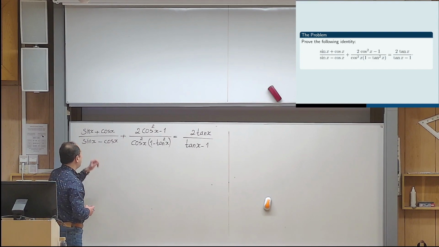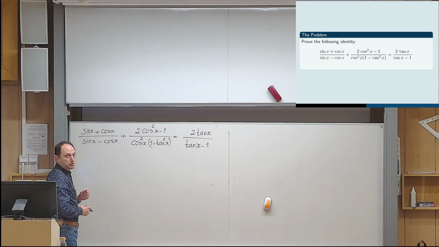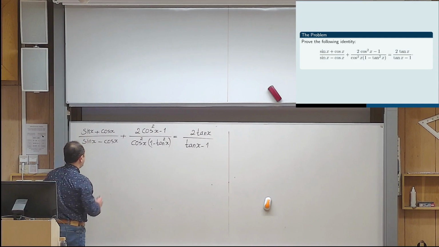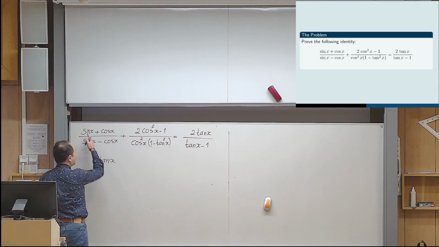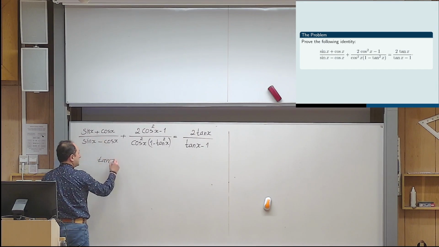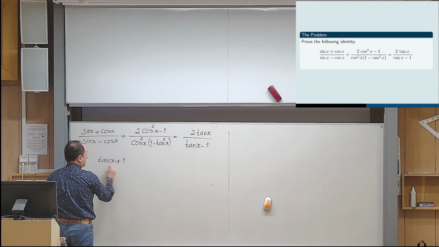Let us see why. I divide the numerator by cosine. There are two terms in the numerator, so I have to divide each one of them individually by cosine. When I divide sine by cosine, it gives me tangent x, because sine over cosine is tangent, plus, if I divide cosine by cosine, it becomes 1.